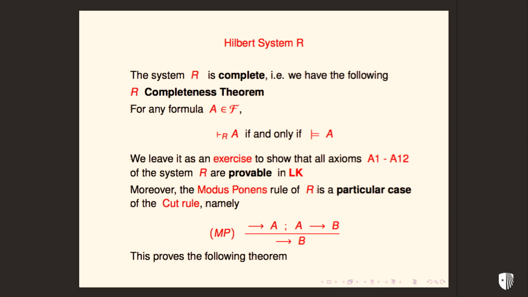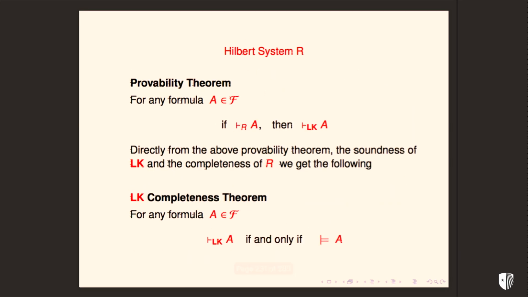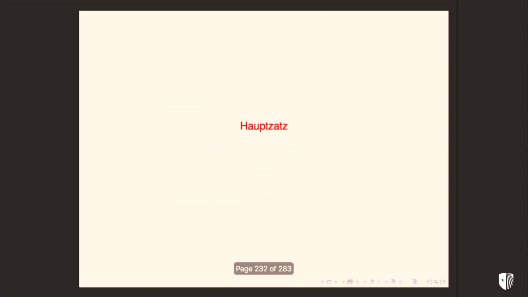If I have A implies B, I have B. So we can get the completeness theorem. That's how he proved the completeness theorem of his formalization.